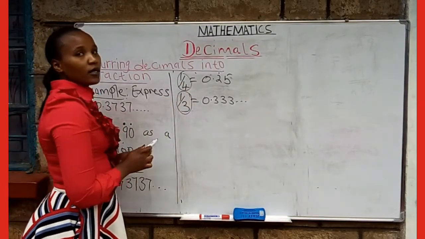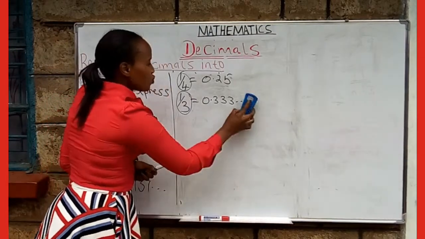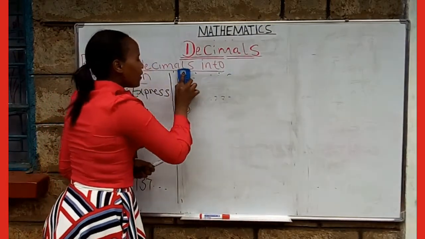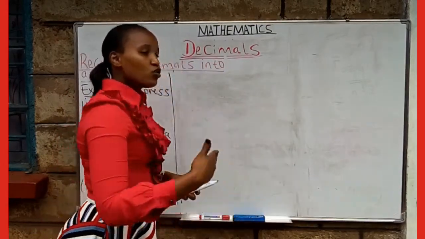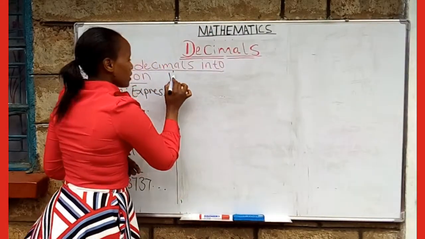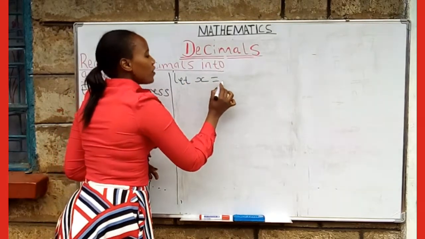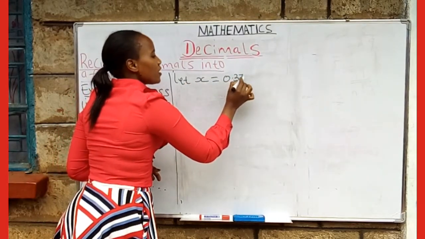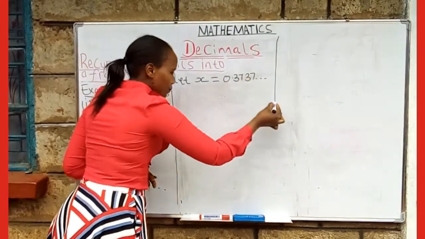So in the case of 0.3737, we assume the fraction we are looking for is x. So we say let x be equivalent to 0.3737 and so on.